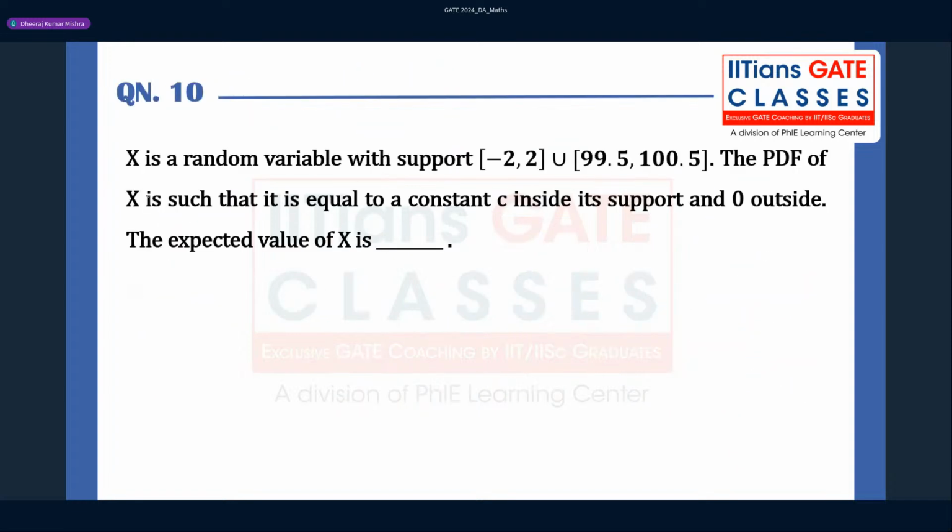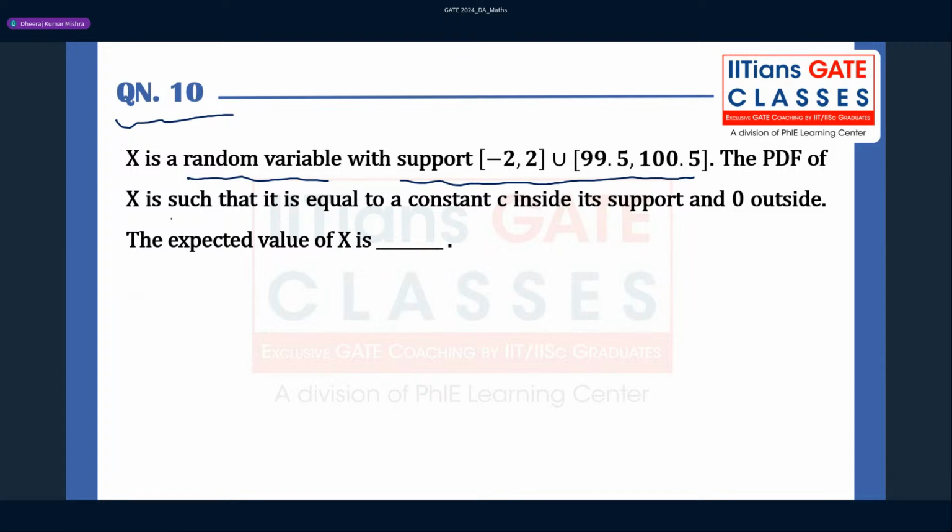Now let us see this question. This question is from our favorite topic, random variable. Here x is a random variable with a support, and they have given the support as the union of (-2, 2) and (99.5, 100.5). This is the PDF of x.